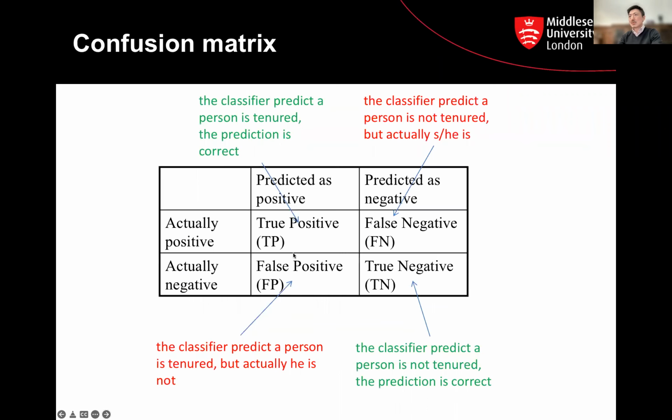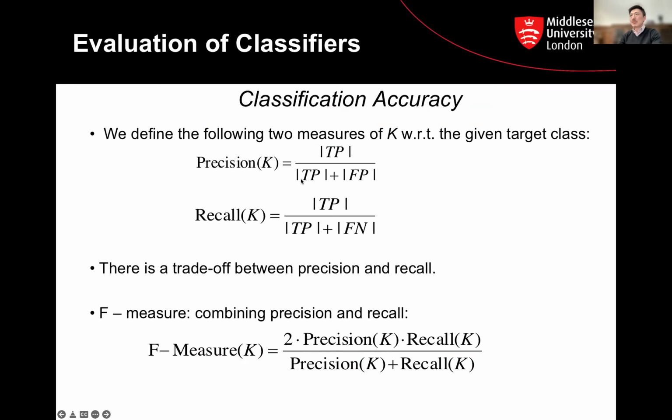Essentially, the denominator is all the data items predicted as positive, and precision is the part of those predicted to be positive which are actually correct.